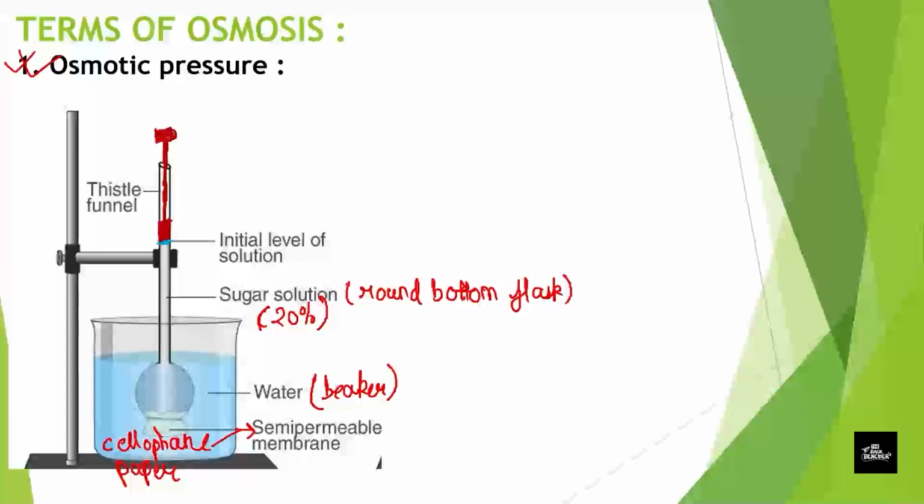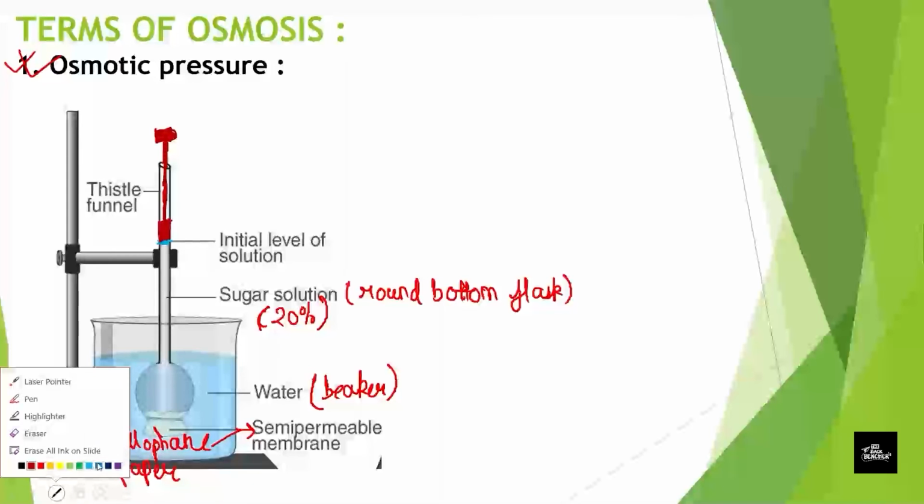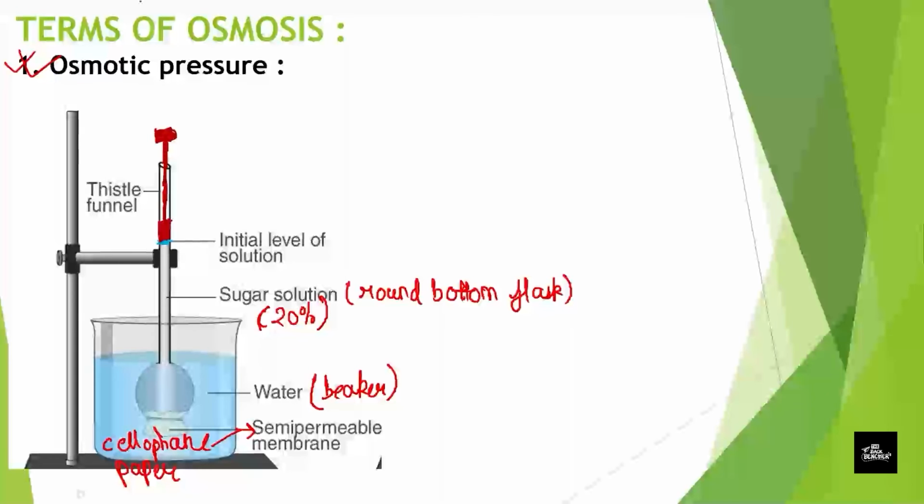A weight is present here. To show the weight, I'll be using a different color so that it becomes easier for you to see it. Here, a weight is placed at the top. This thing is the weight.